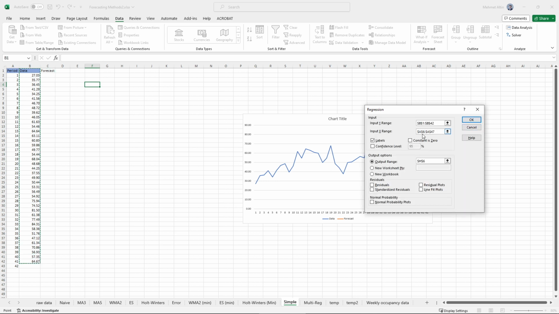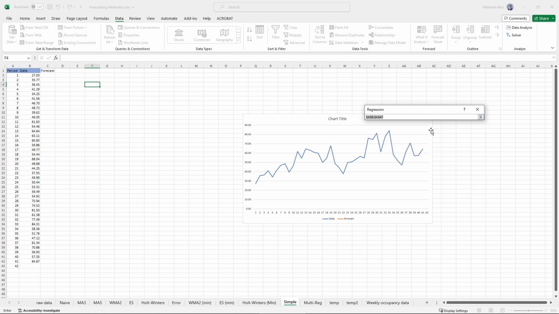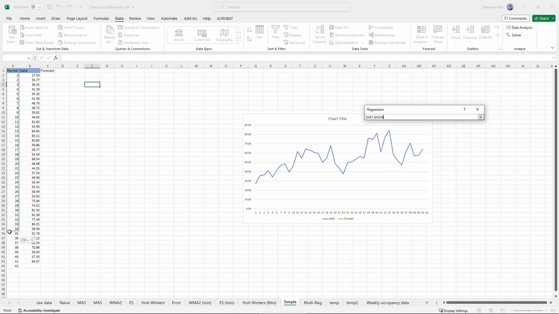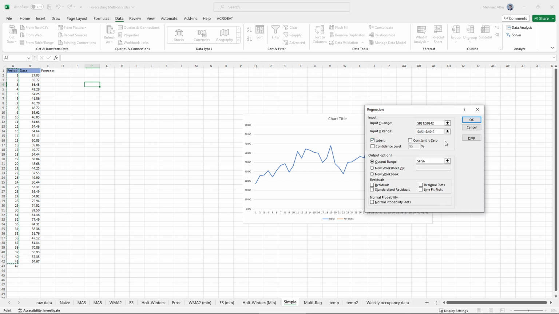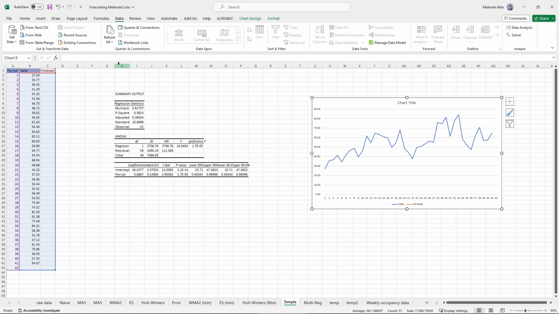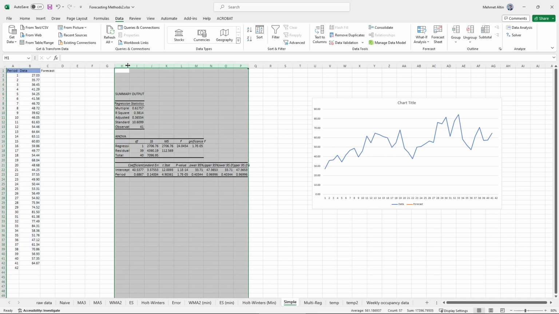For the X range, we are going to select the period. We also click on labels because we have labels here. For the output range, I just randomly selected some area here. When we say OK, it's calculated, and you can see the output here.